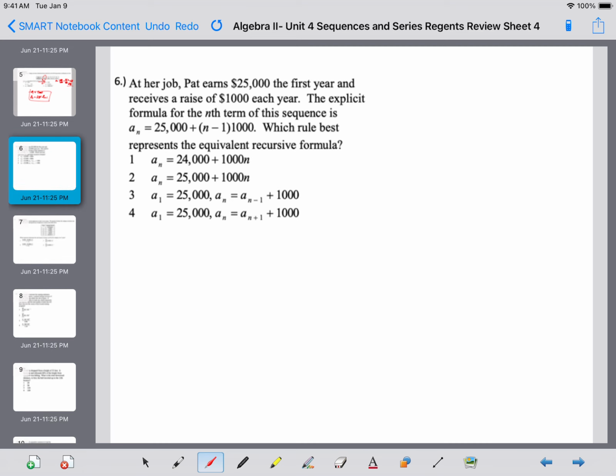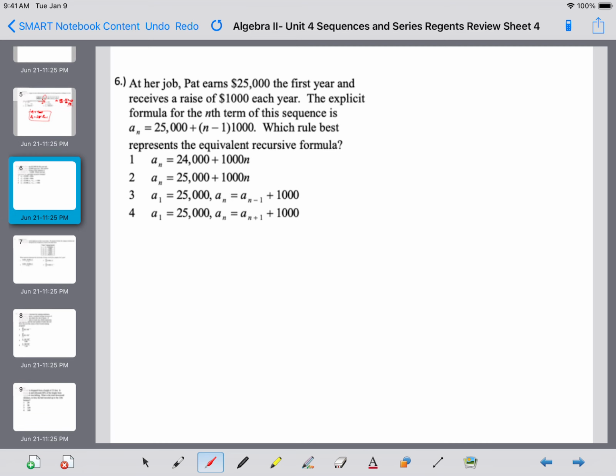Okay. At her job, Pat earns $25,000 the first year and receives a raise of $1,000 each year.